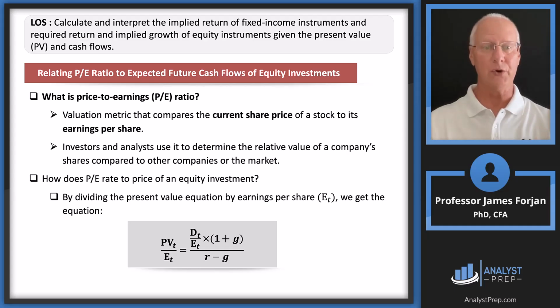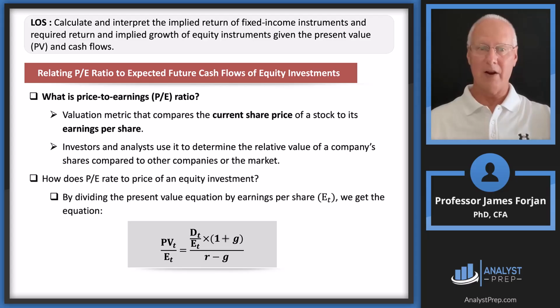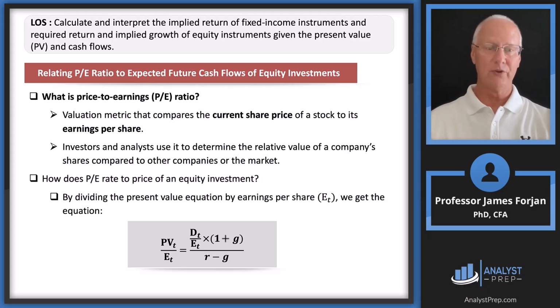Well, on the left-hand side of the equal sign, there is the present value, which is the price of a share of stock. Now, granted, it's the theoretical price. What we can do is divide that by E, the earnings per share, and then go over to the other side of the equal sign and divide the dividends by E. Right? When did we learn this? Kindergarten, first grade, third grade, fifth grade, that when you divide both sides of an equal sign by the same number or the same variable, you do nothing to the equality.